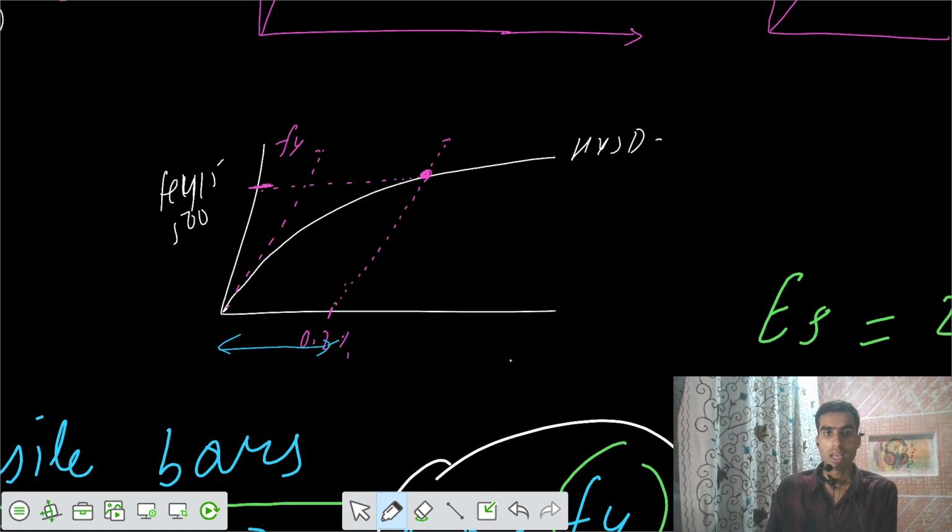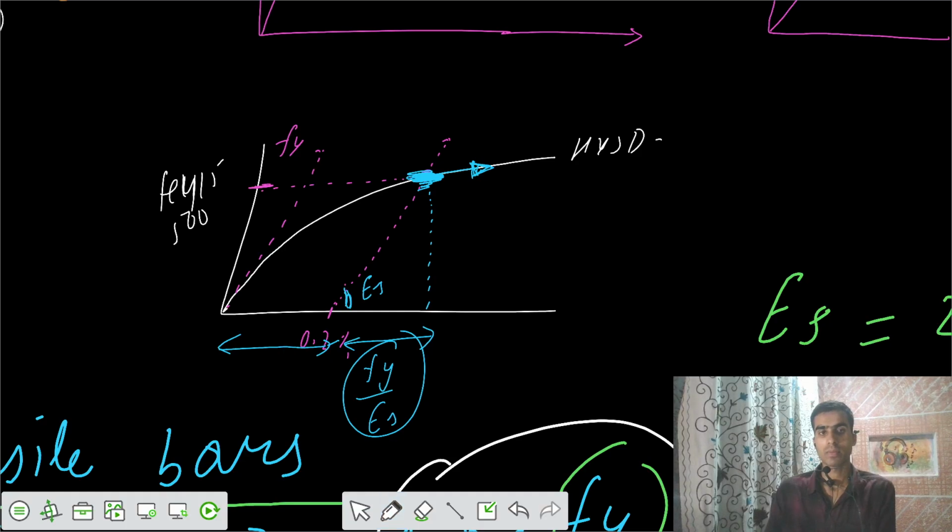At this point we have reached the yield point of the material, and after that the yielding of the material would be progressing. So there is one more value of strain here, and that would be equal to Fy by Es, based on the slope. If this slope is Es, this strain here is equal to Fy by Es. Can we say that?